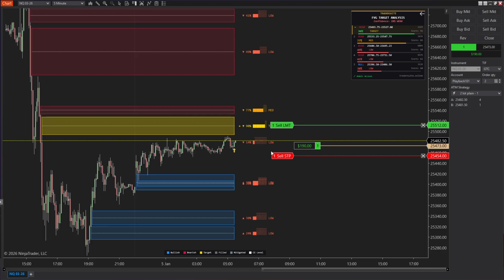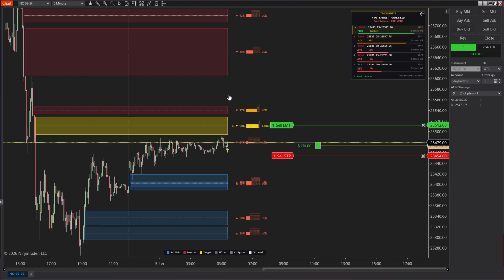The probability percentage, this is the big number. A strength rating, high, MED, or low relative to the leader. The raw score out of 100. And a probability meter bar, a visual fill bar showing the probability. The target entry has a subtle gold highlight background so it pops. Everything updates in real time as price moves.